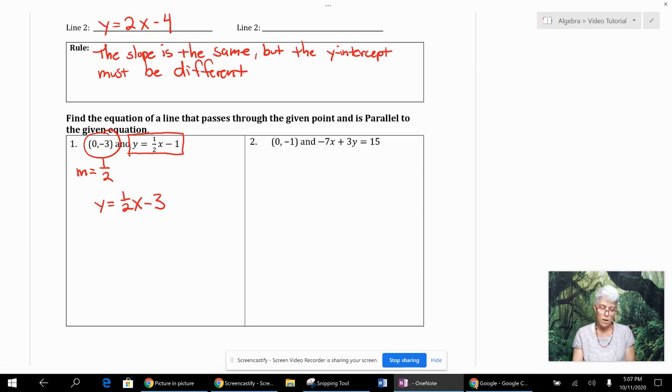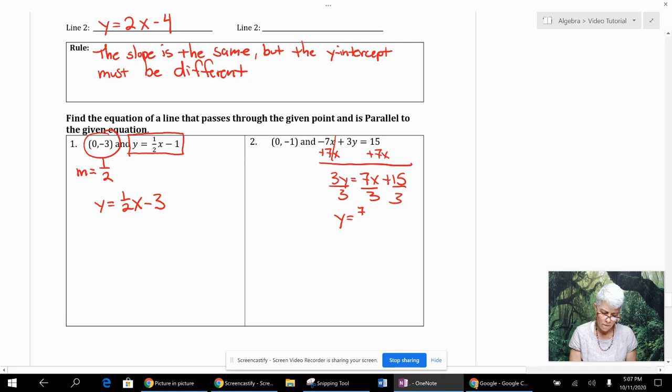Let's look at the next one. Oh, not so kind. We need to move some things around and get it in slope-intercept form so that we can find the actual slope, because we want to find an equation of a line that's parallel to it. So I'm going to move the 7x over, and put it in the front. Then divide everything by 3.